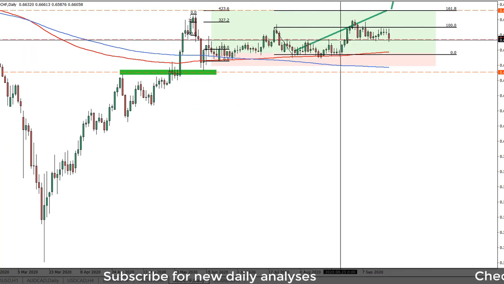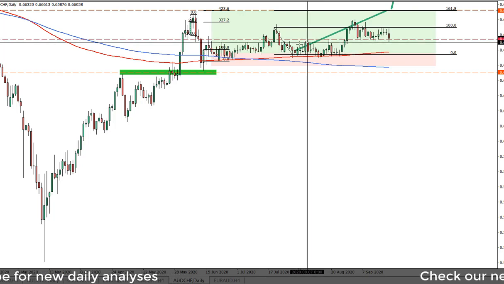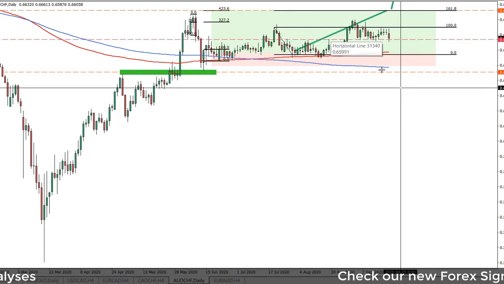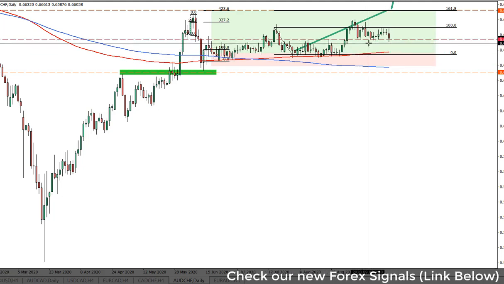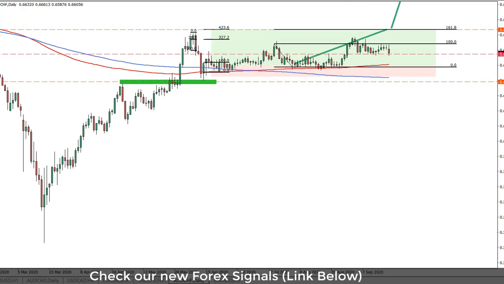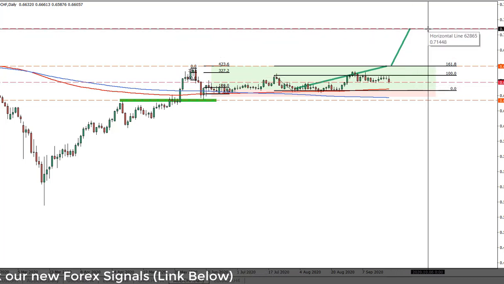Here, guys, we see a similar scenario. The previous level of resistance, which has been formed here, was rejected 3 times actually: 1, 2, 3. Now we have this level acting as the support, rejected 1, 2, 3. It's pretty obvious that the trend is bullish, and as I said, we might see price moving towards 0.7140.